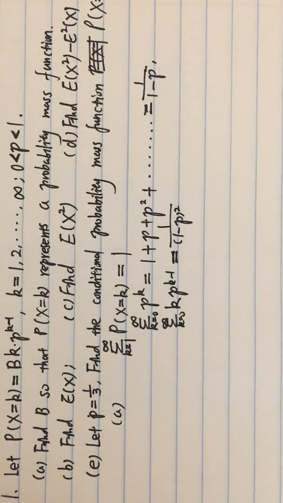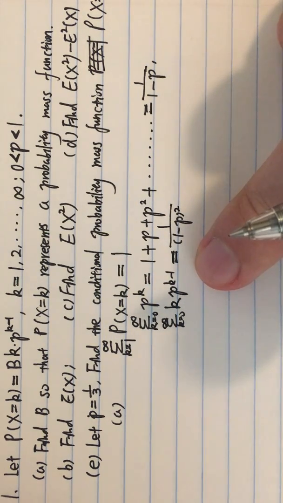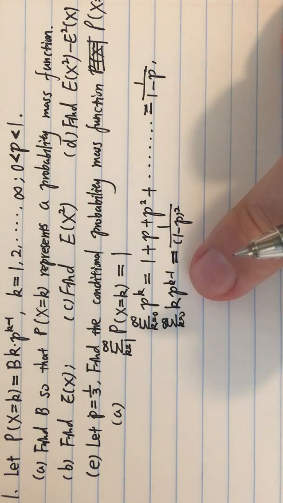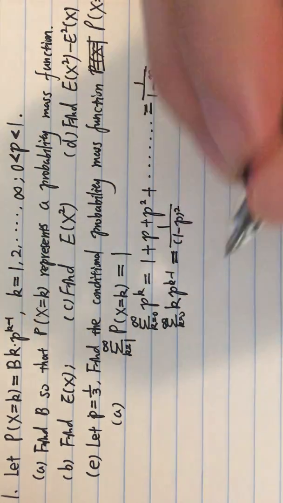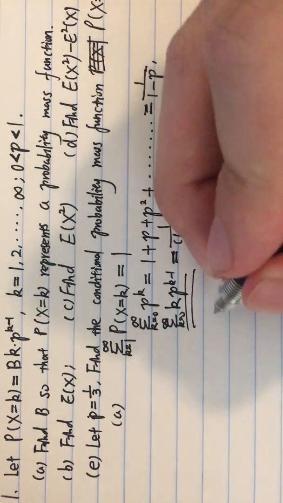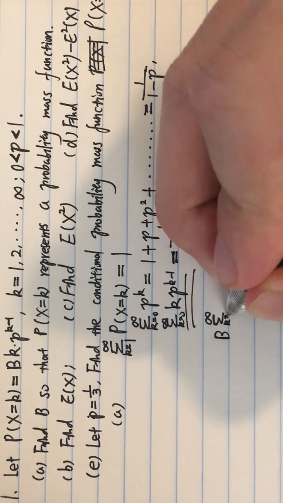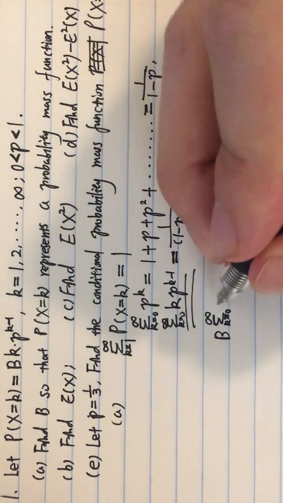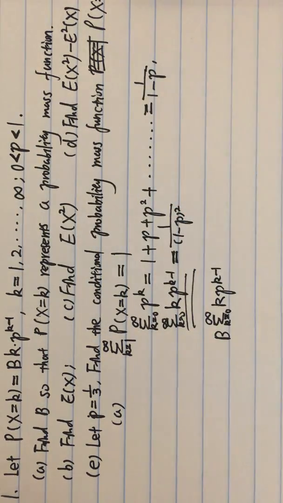So we can see that this one times b is b times the sum from k equals 0 to infinity of k times p to the power k minus 1.